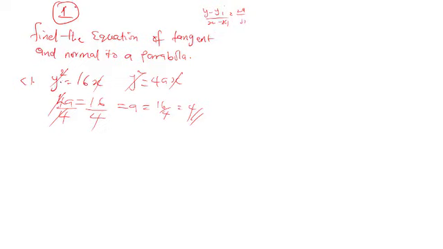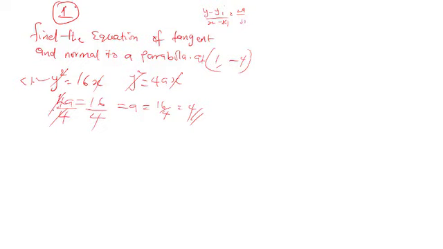But remember to look for the value of the point; the question is at (1, minus 4). So we are looking for the equation at the point where x is 1 and y is minus 4.